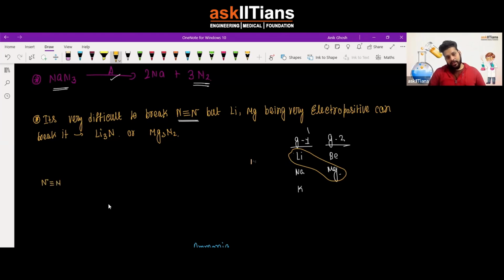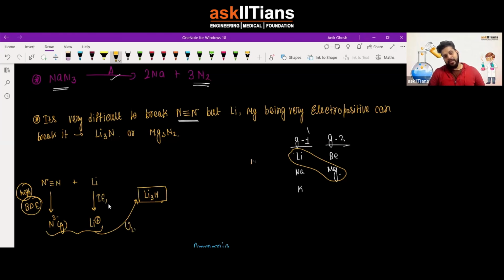The amount of energy, let's say we call it bond dissociation energy, is a very, very high value for nitrogen gas. But this high bond dissociation energy of nitrogen can be compensated by the lattice enthalpy of Li3N. This lattice enthalpy is highly negative.